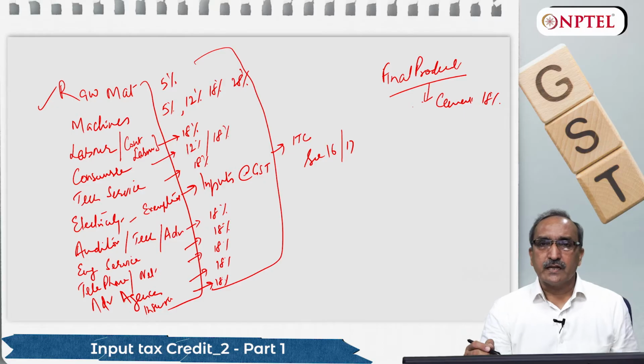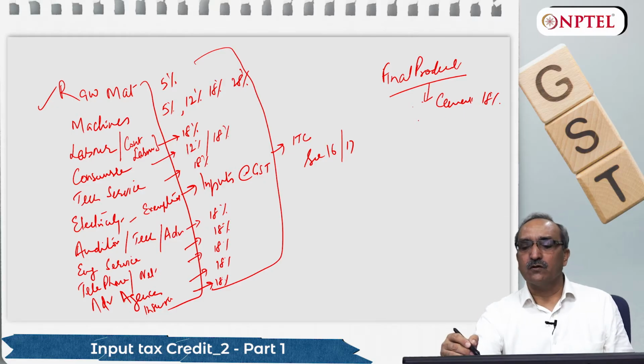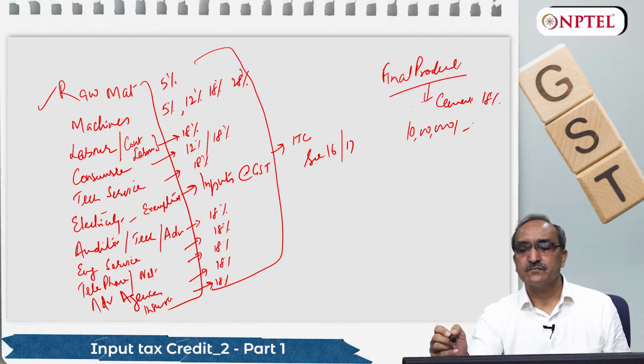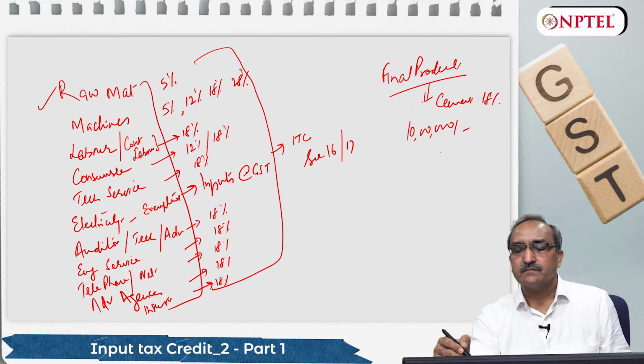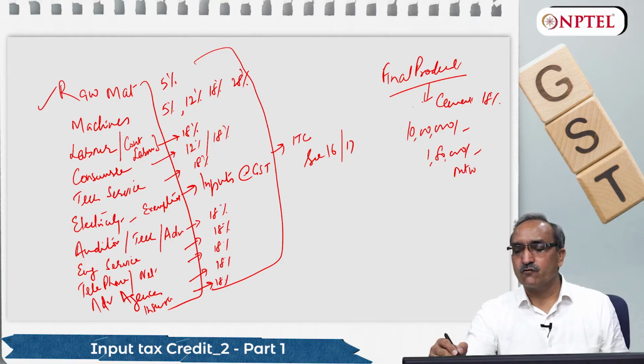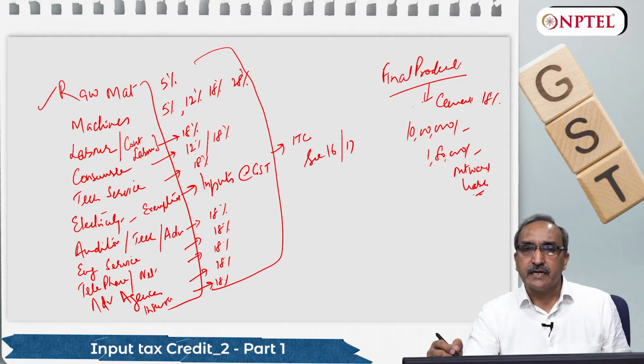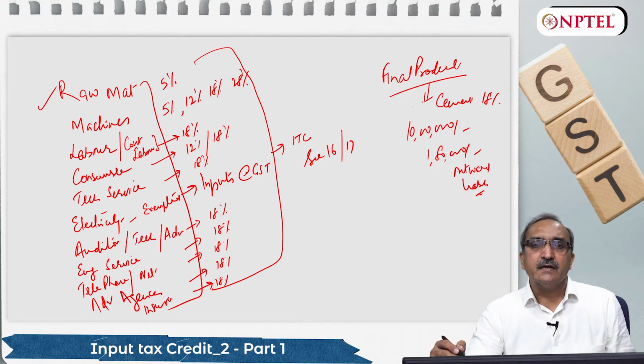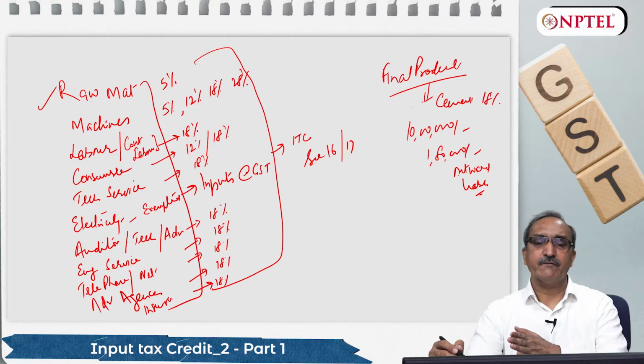So if during any month I have sold cement worth 10 lakh rupees, 18% GST is applicable on it, 1,80,000 rupees. It is my outward liability. So when I upload the information on the GST portal, this outward liability will be depicted in my liability ledger, because this is my liability I have to pay to the government.